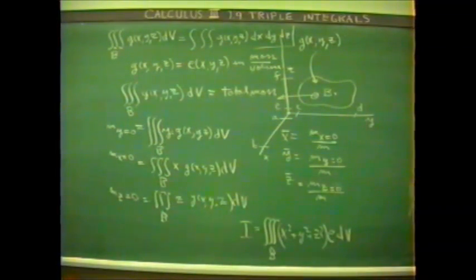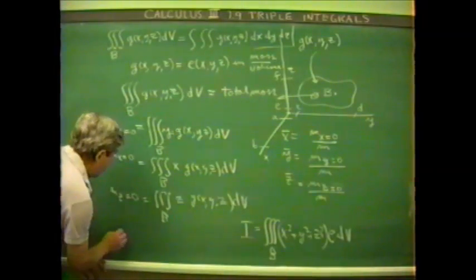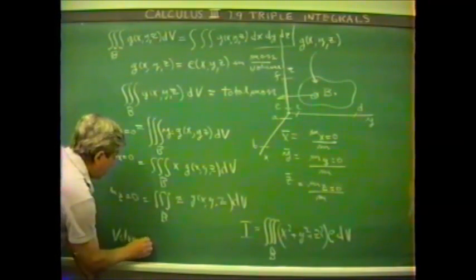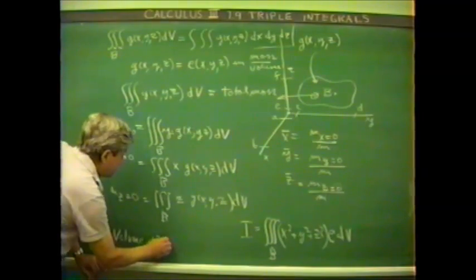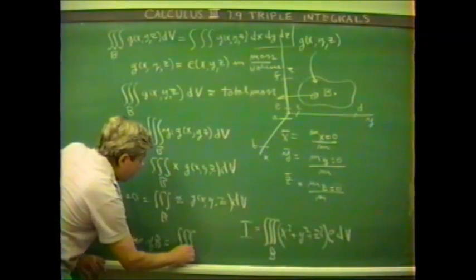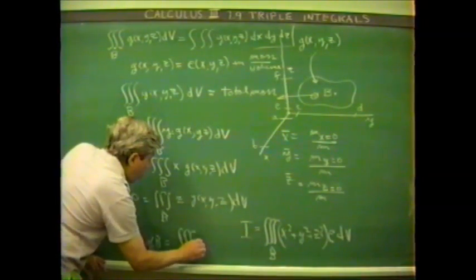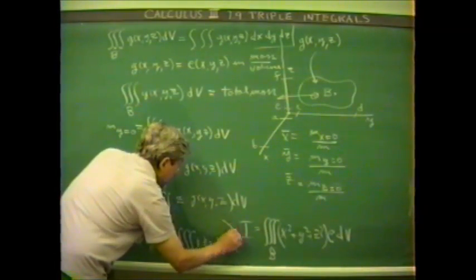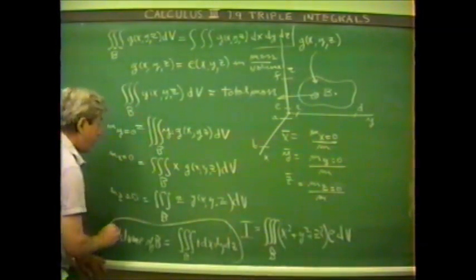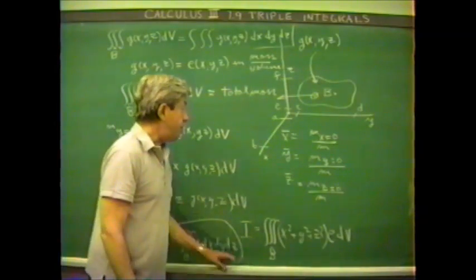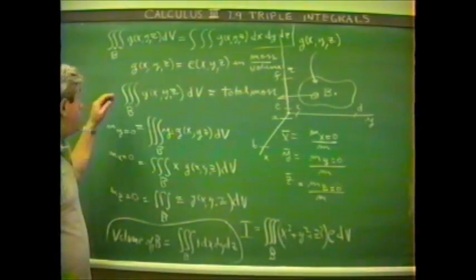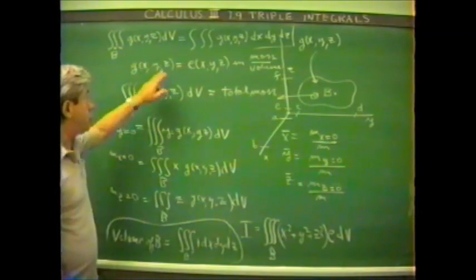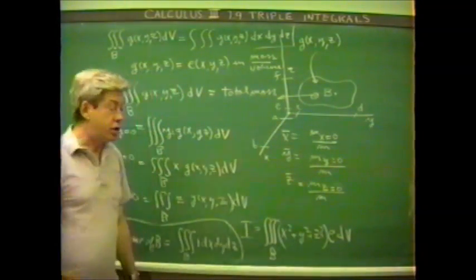If rho is equal to 1, we then get the volume of B, given by the triple integral over B of 1 dx dy dz. So if you integrate 1 over B, you will get the volume of B. So here are several analogous applications of triple integrals to objects in three-dimensional space.